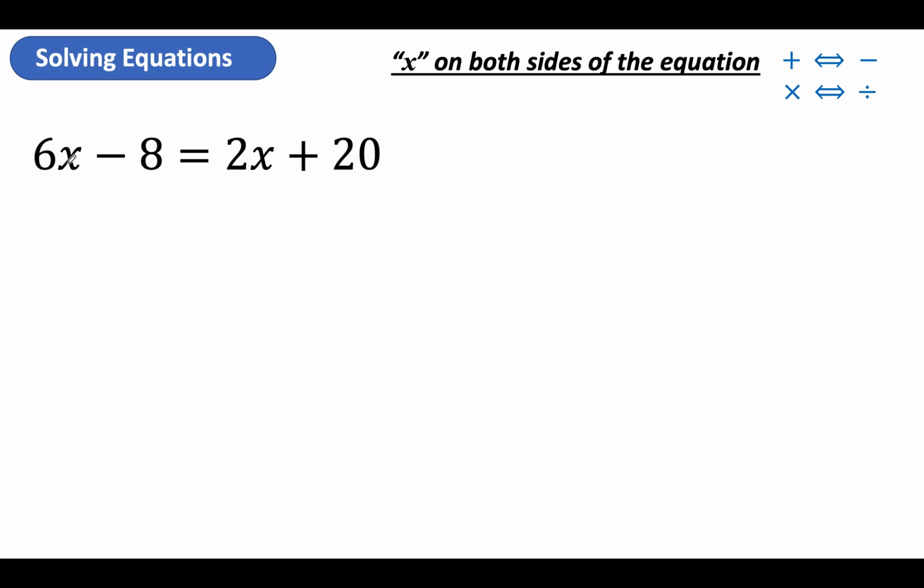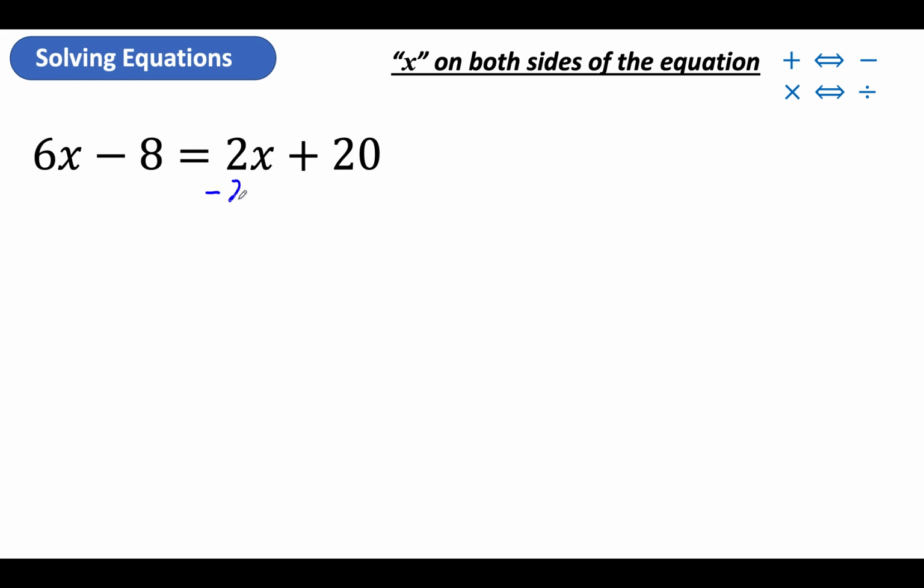Now the way to approach this is to think, what have they got on both sides? Whatever we take away from this side, we're going to have to take away from this side as well. So we look for which side has fewer of the letter. This side has 2x, and this side has 6x. That means they've both got at least 2x.